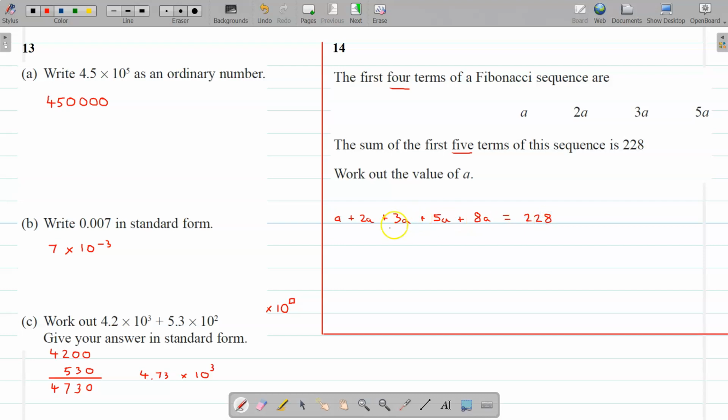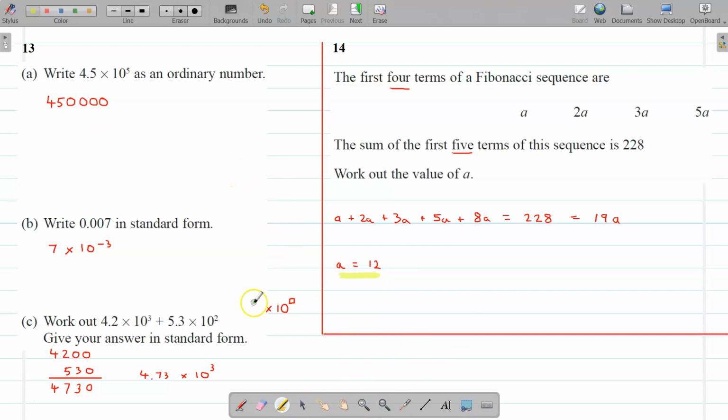All right, if you add all those together, you've got 3A, 6A, and 5 is 11, and 8 is 19. So that's 19A, all right? And if you divide 228 by 19, you get that A equals exactly 12. Okay, and that's it. So quite an easy question.